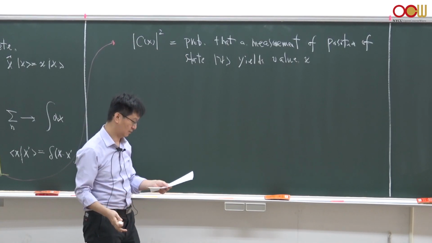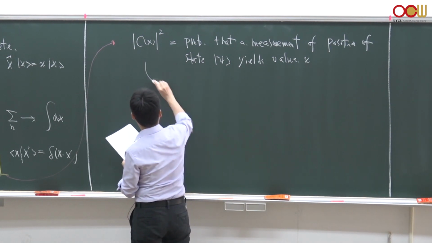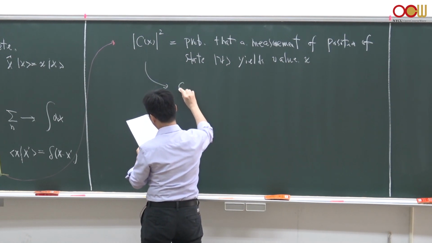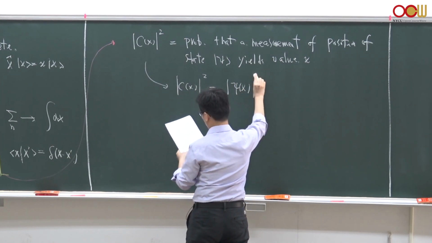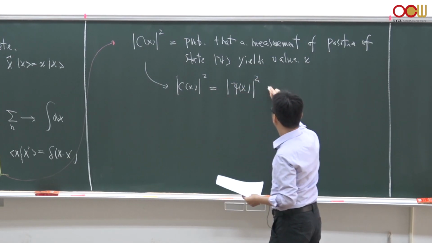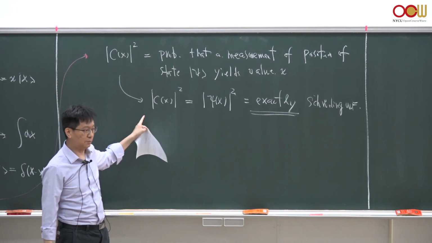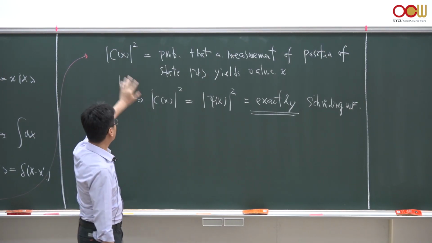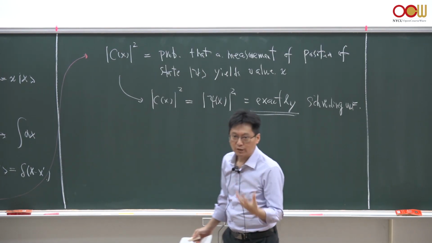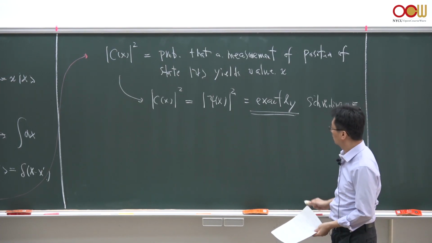But what is this? Well, by definition, this is precisely the square of your Schrödinger wave function. Exactly. Okay, so in the very early chapter, when we defined the Schrödinger wave function, the magnitude square of the Schrödinger wave function is the probability density that we find a particle at a particular position x.